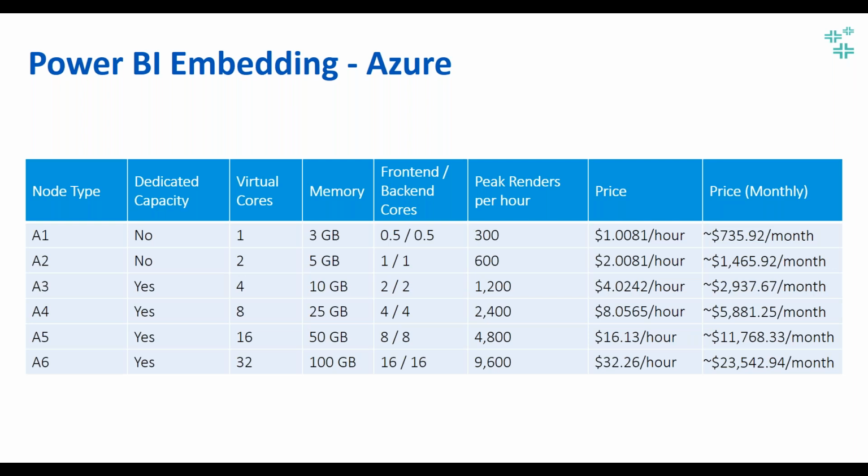But the big thing to consider here with embedding is this peak renders per hour number. When you're looking at embedding tiers, you're looking at how many people am I going to be serving reports to on an hourly basis, and what's the maximum I'm going to be hitting. The advantage of Azure is that you can use the same functionality you do with VMs and things like that to scale up your capacity.